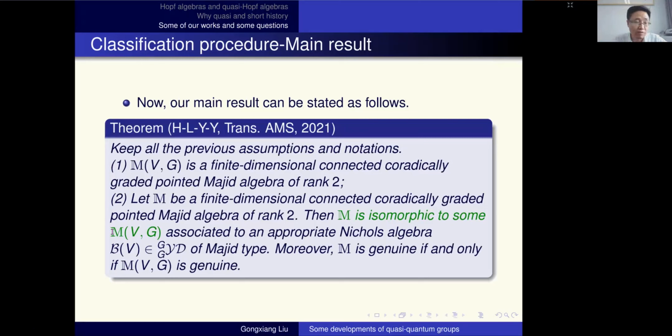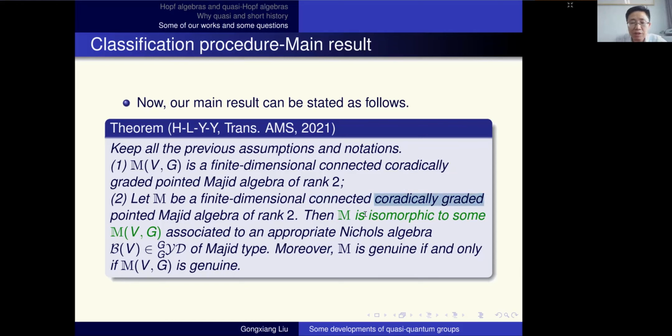Okay, this gives a complete classification of such modular algebras. Of course, we give many restrictions here. For example, connected is not essential. It's a technical point. If you remove it, you can still build a similar result. But coradically graded is very essential.